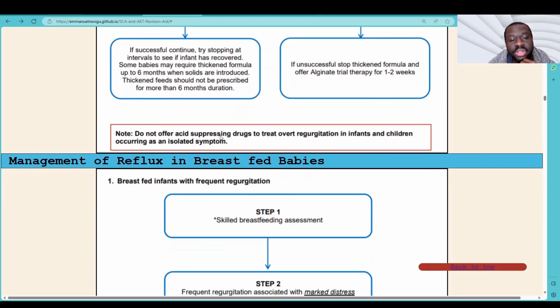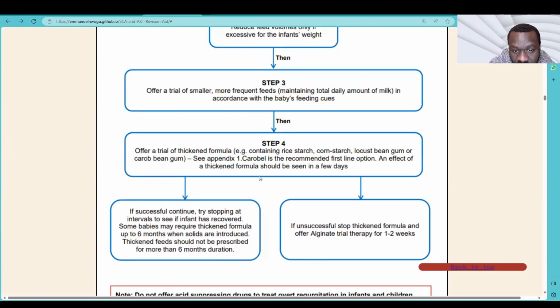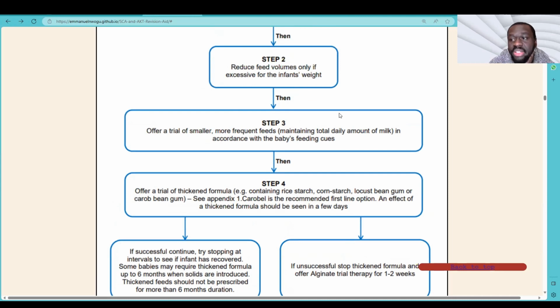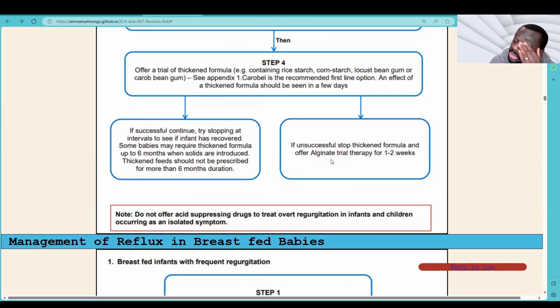Because do not offer acid suppressing medications to treat overt regurgitation in infants and children occurring as an isolated symptom. So don't be in haste to start thinking of omeprazole and things like that. Gaviscon Infant, thickeners, try thickeners, or modify the feeding habits. First of all, try thickeners, and then you will try alginates.